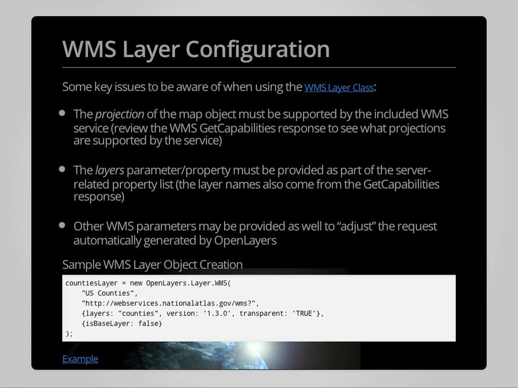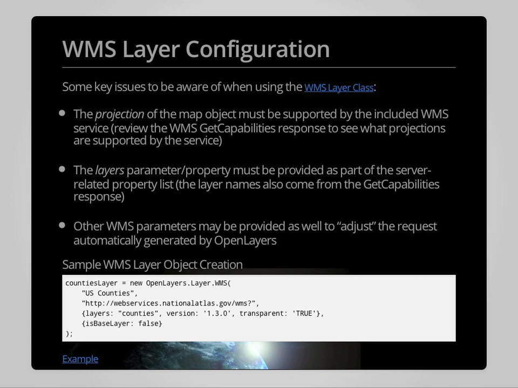And this is where you should remember that you can see all of the supported spatial reference systems or coordinate reference systems by a particular web map service by reviewing the get capabilities XML file that is delivered by the service.